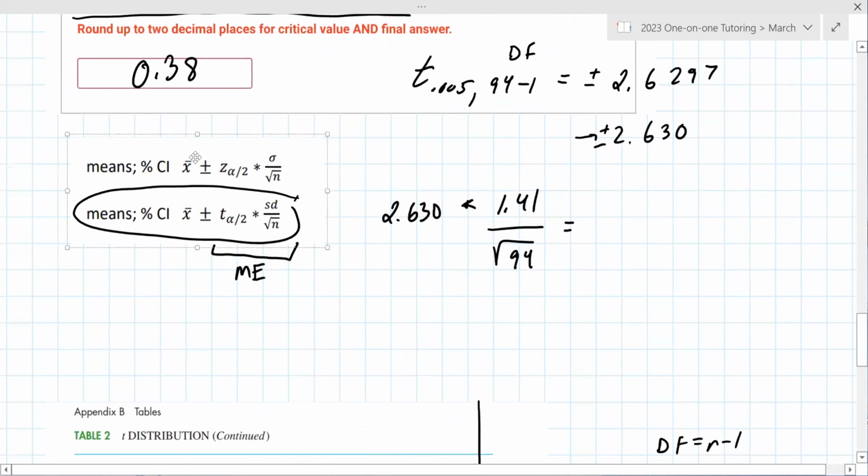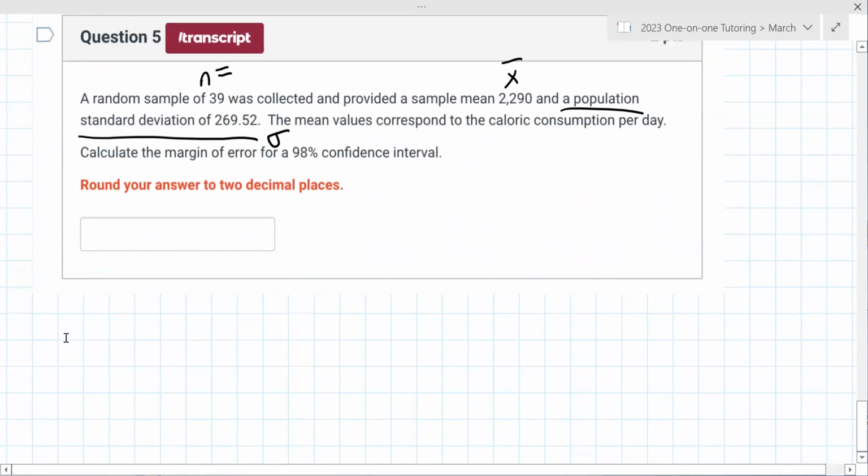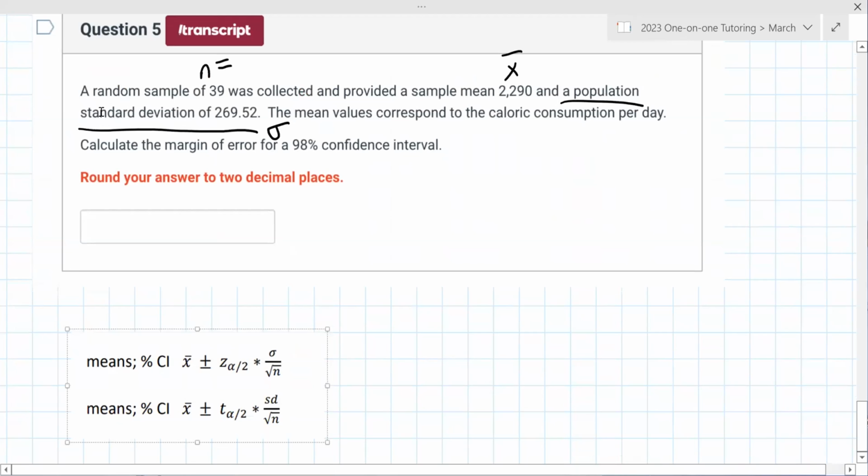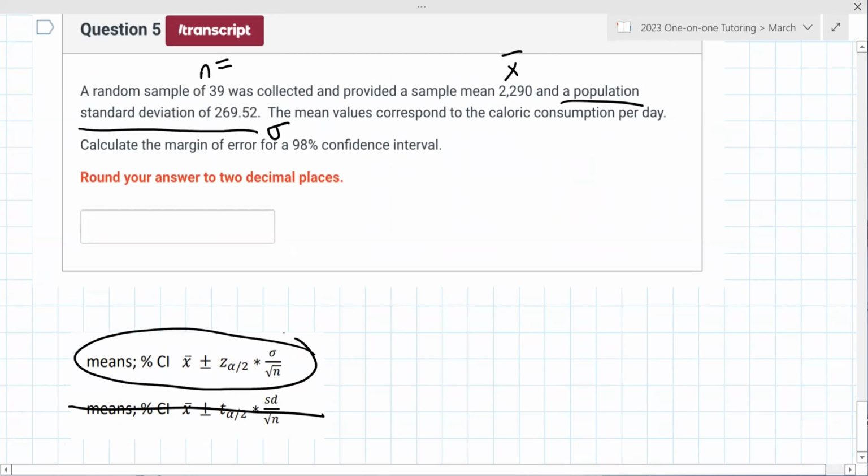So I'm going to go back and grab the formulas for this. Because the population standard deviation is given, you are using the top one. Now your C is 0.98. Your alpha is 1 minus C, so 1 minus 0.98, 0.02. You want alpha divided by 2, so you take that 0.02 and cut it in half.